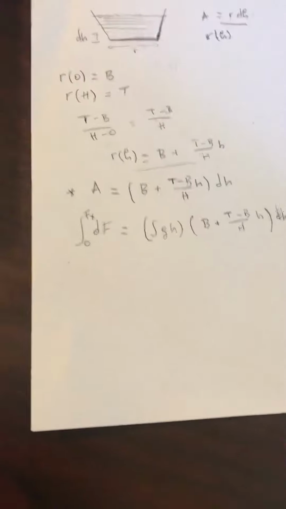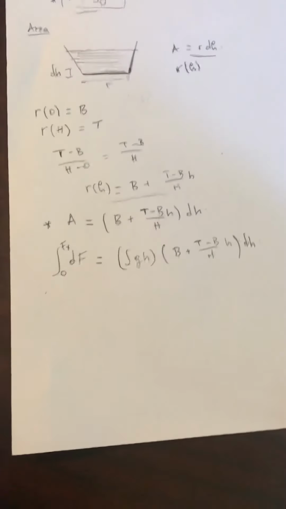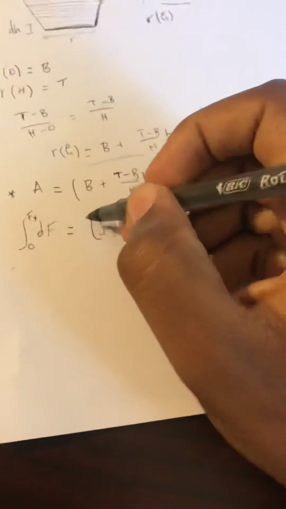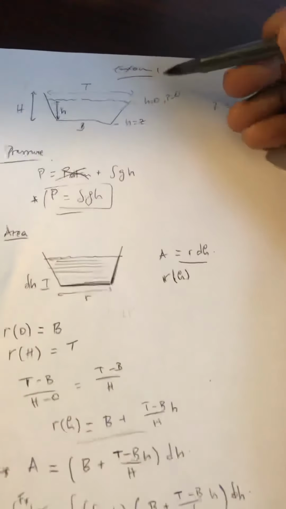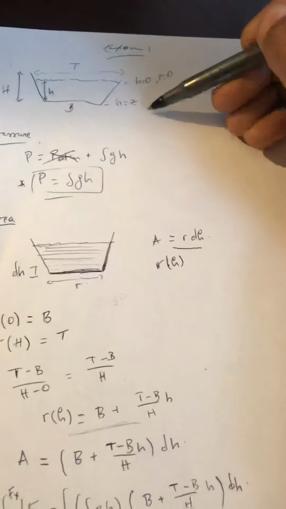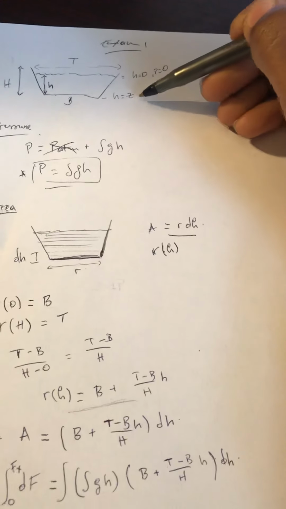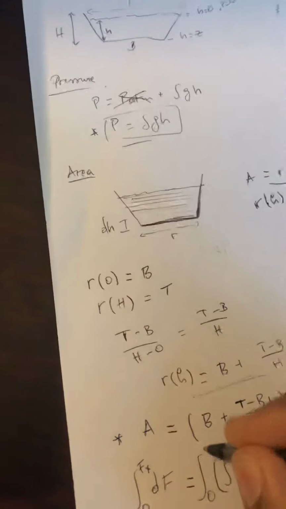That's the expression we're working to find. Okay, and then this side over here is gonna get integrated from height 0 to height z. So 0 from the top all the way down here, which is h, which basically equals z.